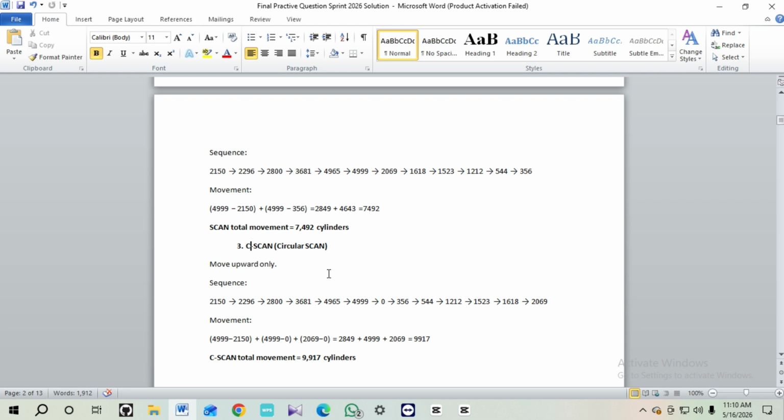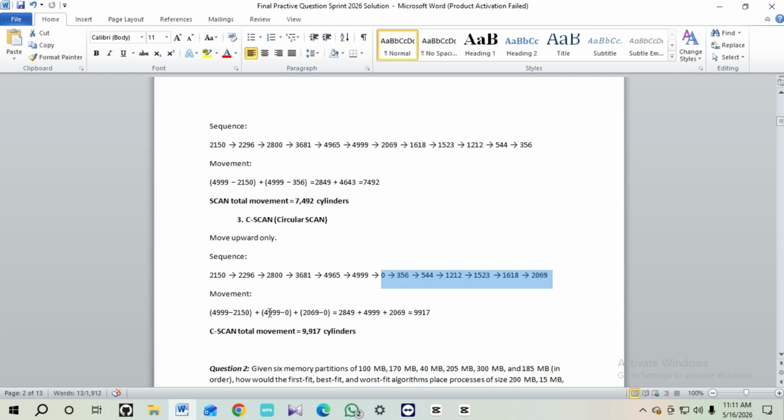Then to count the lower numbers, it goes to 0 again, and then it starts climbing up again. So it starts at 2150, goes up and up to the end, then goes down to 0, and then starts going up again. This way it ends at 2069.